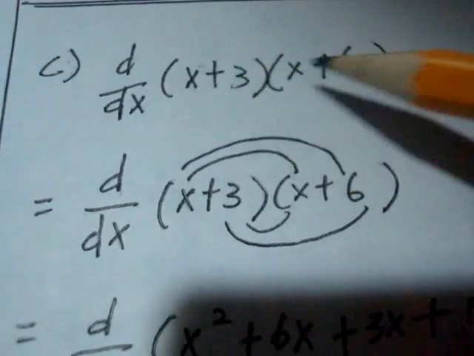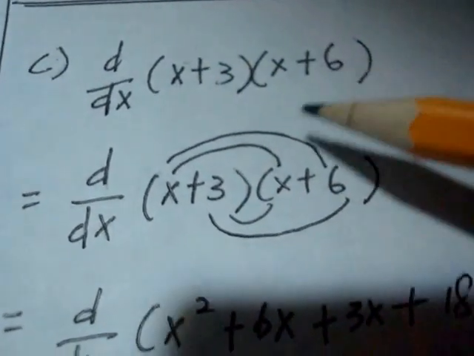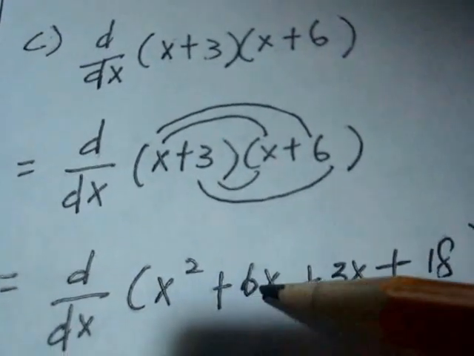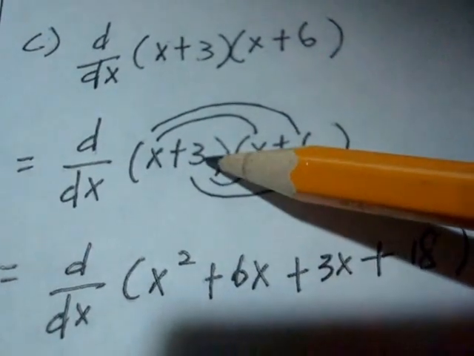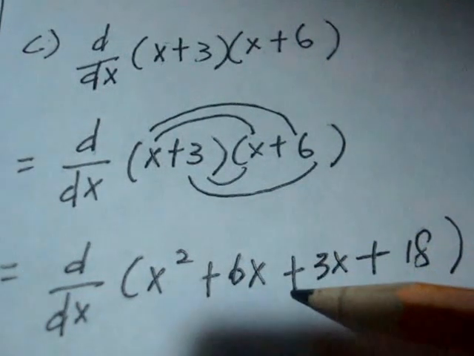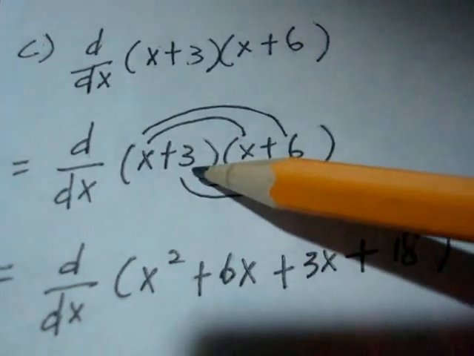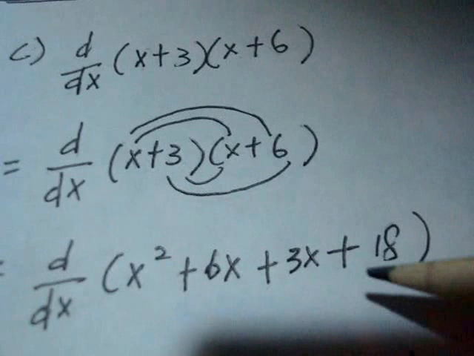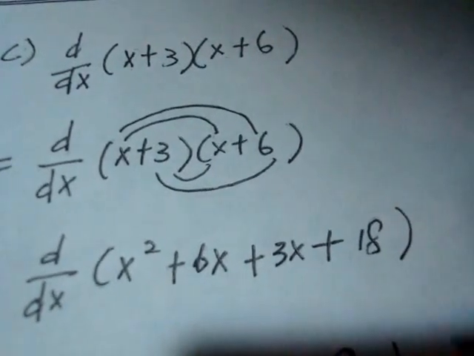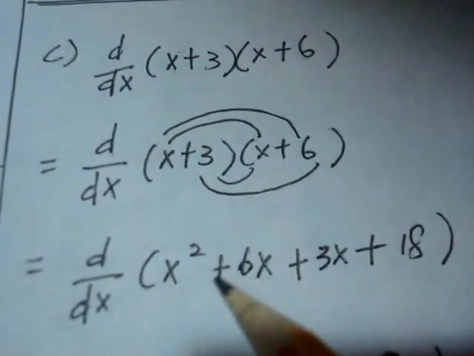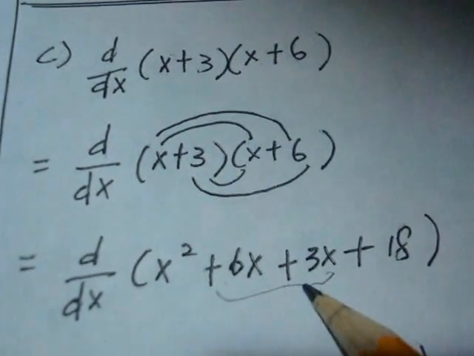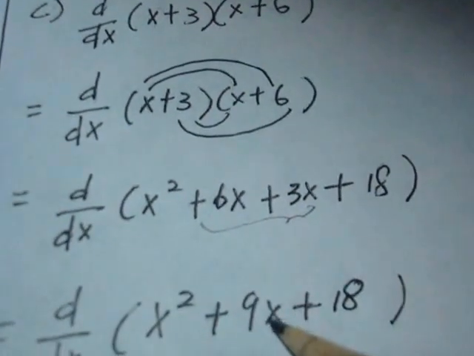Then you take the x times positive 6, which equals positive 6x. Then 3 times x equals positive 3x. And then 3 times 6 will be positive 18. And on the middle term right here, you just add it up. So it will be 9x.